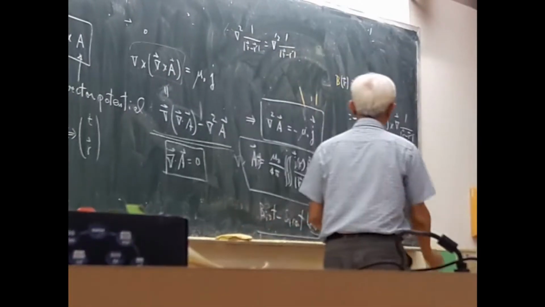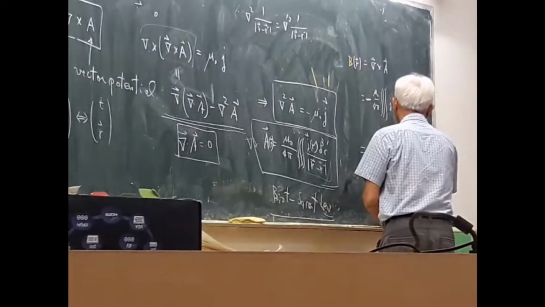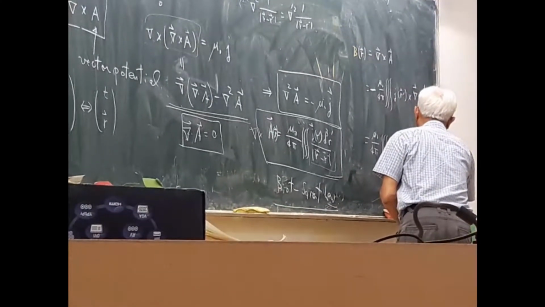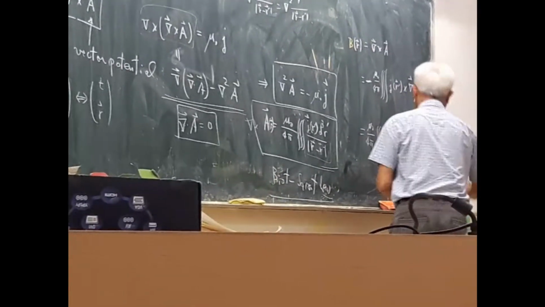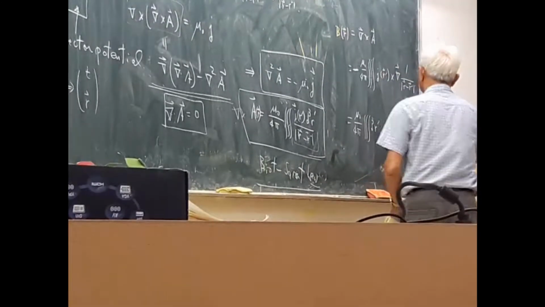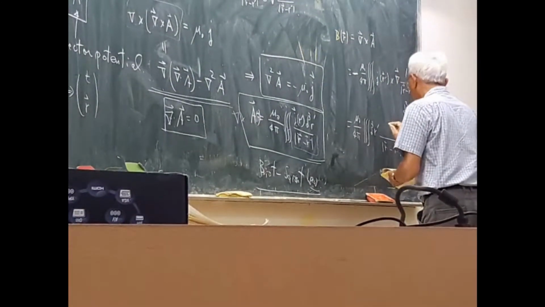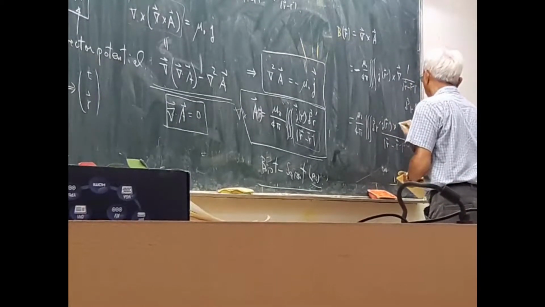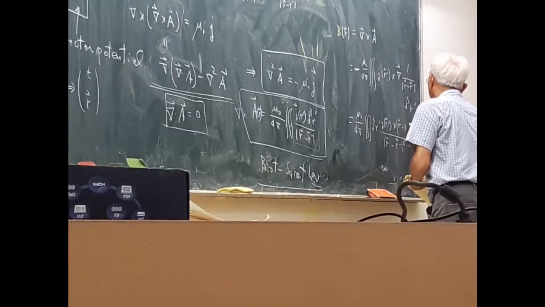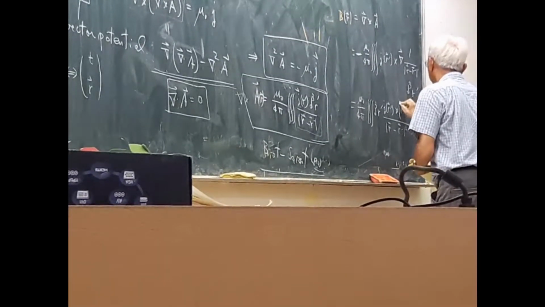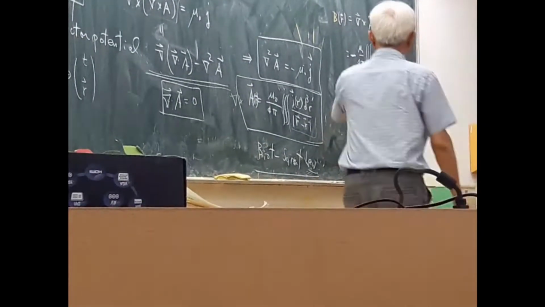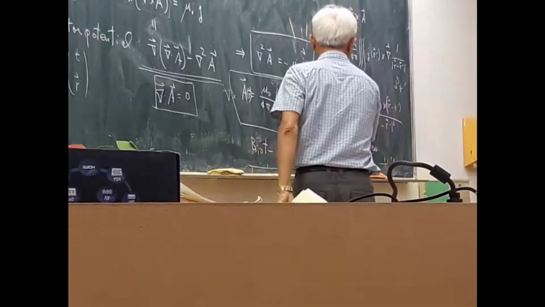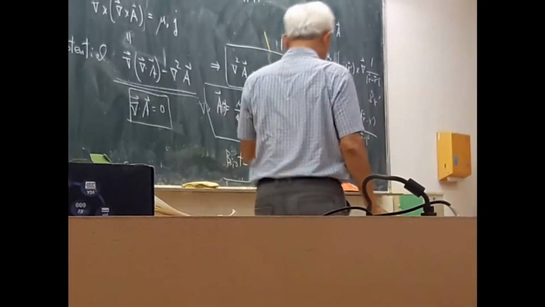So this one will give you R minus R prime to the cube, J of R prime cross R minus R prime. And this is actually the Biot-Savart law.